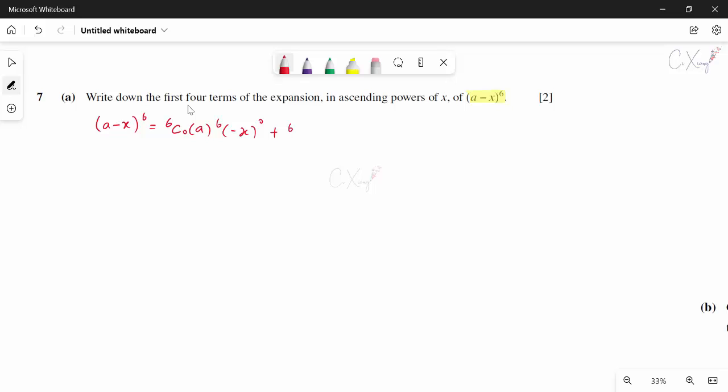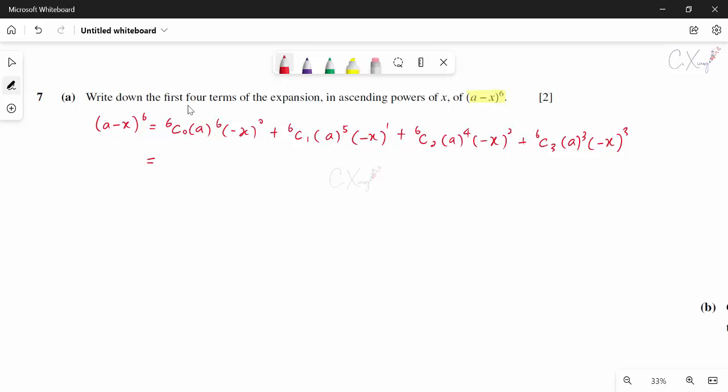Then plus 6C1, a power 5, and then negative x power 1. So at first you need to know how to apply the binomial expansion formula correctly. Until the fourth term, so the fourth term includes until x power 3: 6C3, a power 3, negative x power 3.